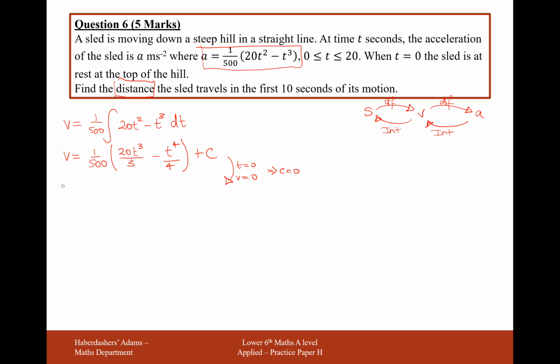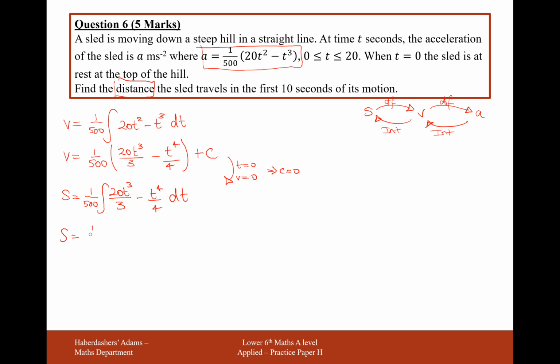So the next thing we need to do is to work out s by integrating the velocity. Remember that c was 0, so I don't need to add anything else at the end there.